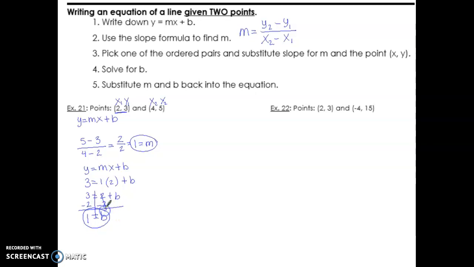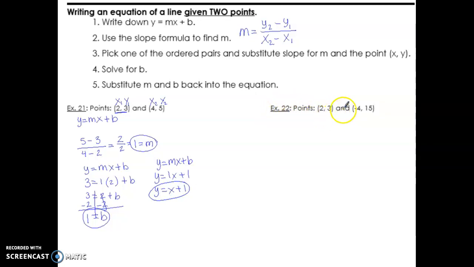So b is 1, m is 1, so my y is equal to mx plus b turns into y is equal to 1x plus 1, or another way to write it is y equals x plus 1, because we know that 1 times any number gives you the number itself. Either one is correct, this one is preferred.